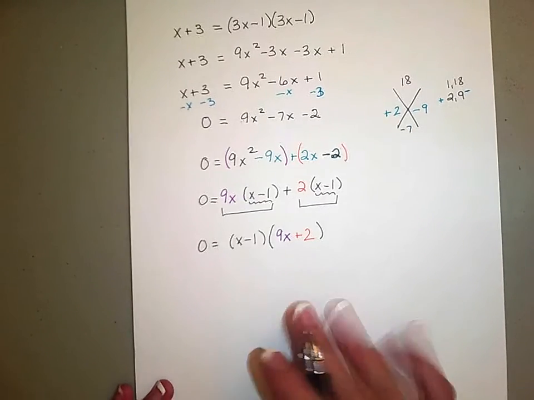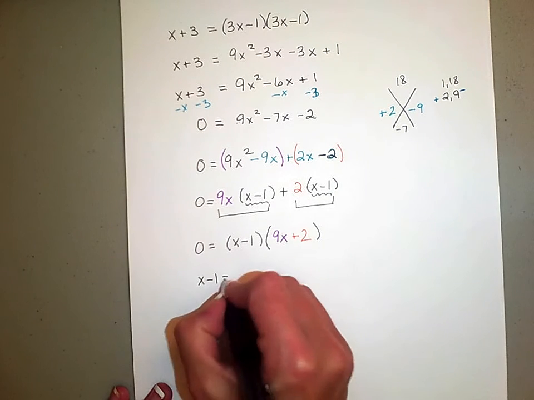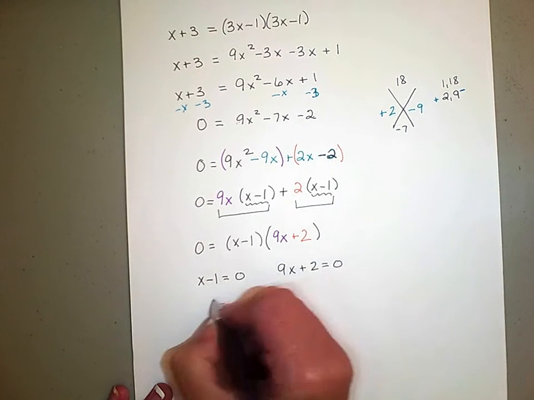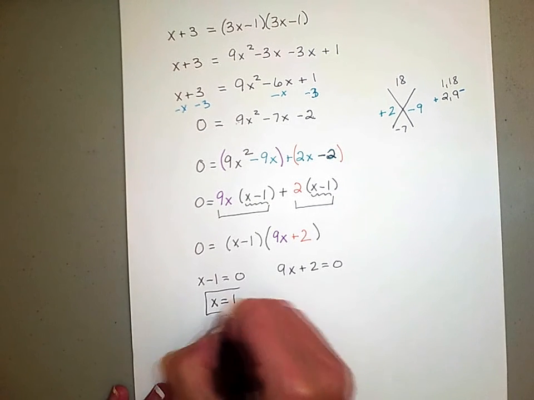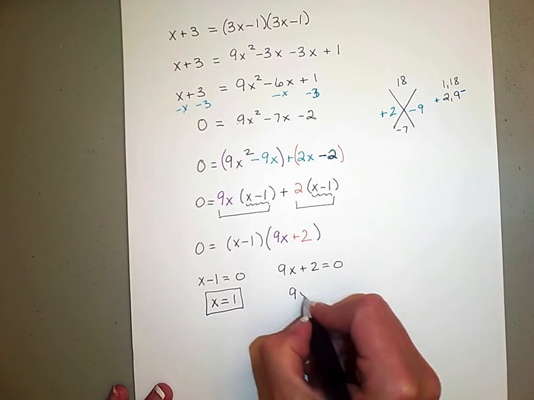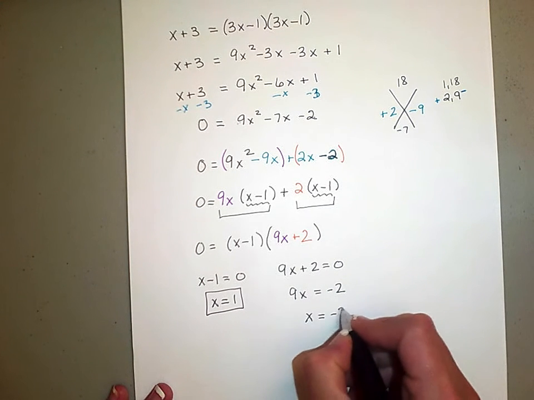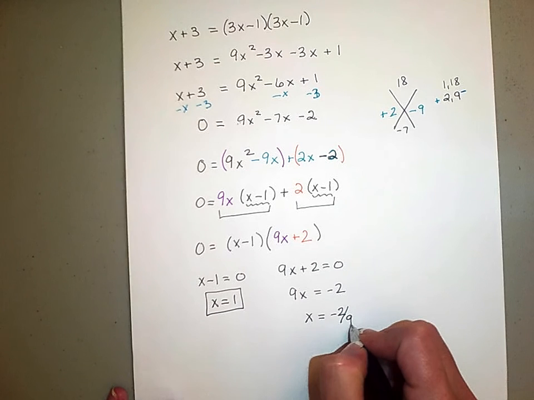And then we're back at the zero product property. So it's either that x minus 1 equals 0, or 9x plus 2 equals 0, so x equals 1, or 9x is equal to -2, so x is equal to -2 ninths.